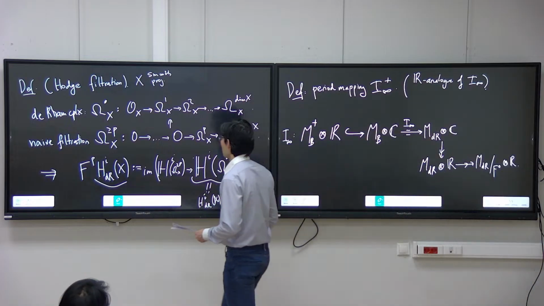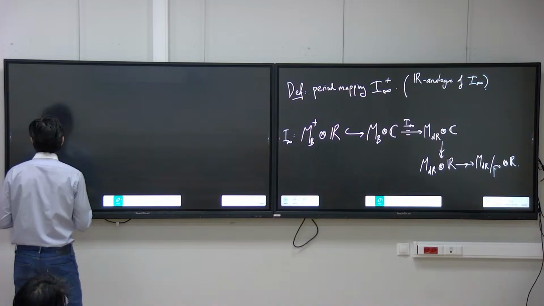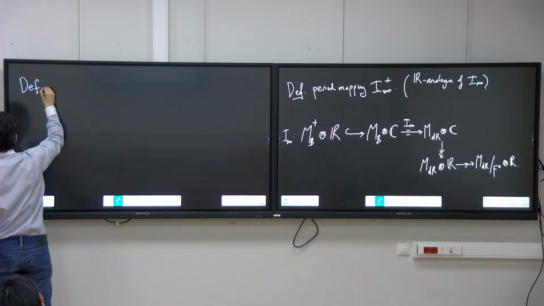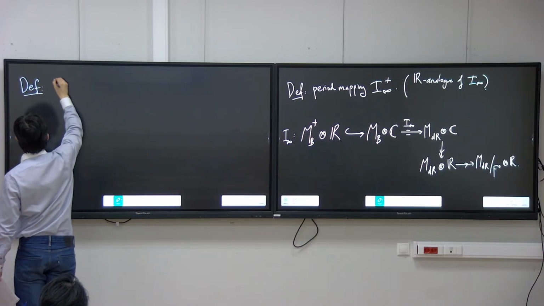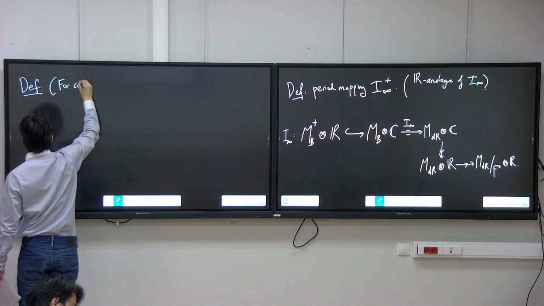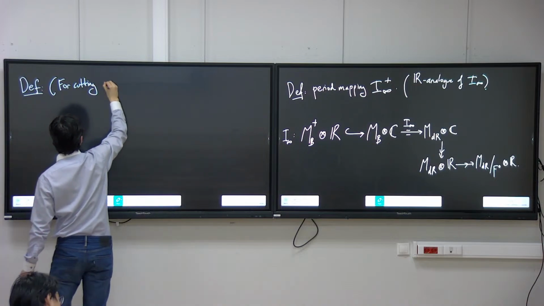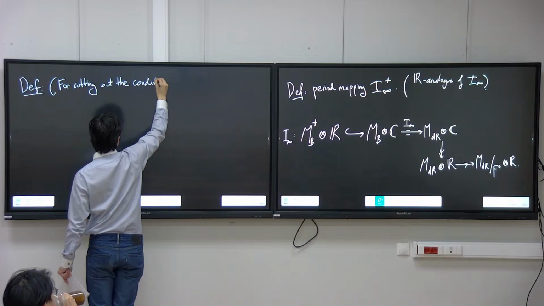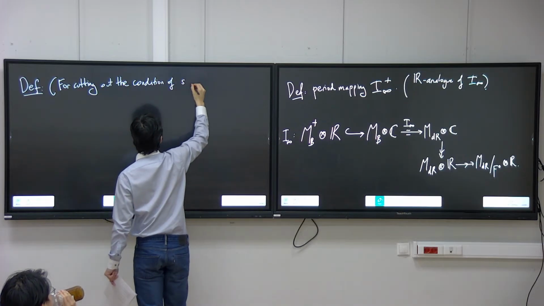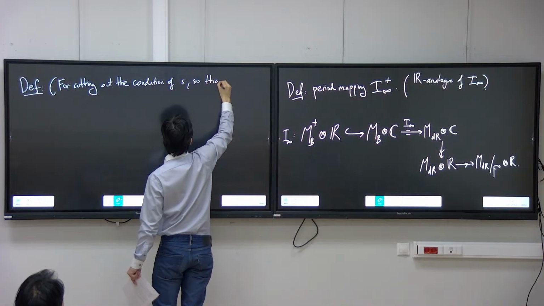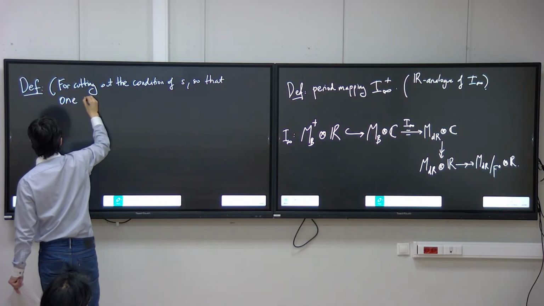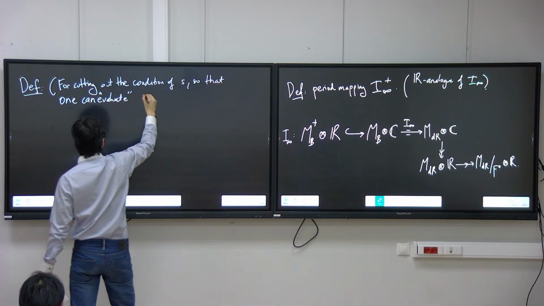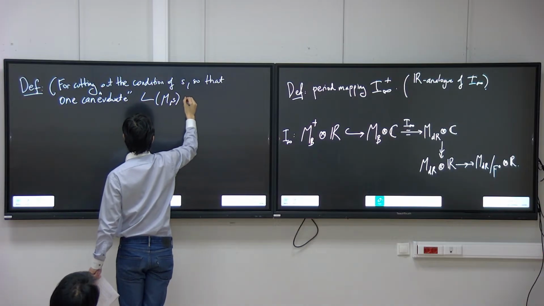And the definition, so Deligne's definition, for cutting out the condition of s so that one can evaluate L(M, s) is the following.